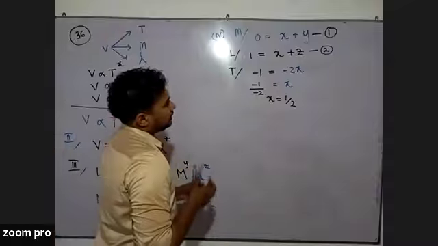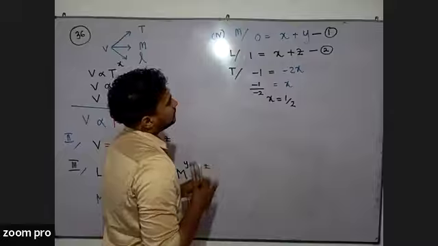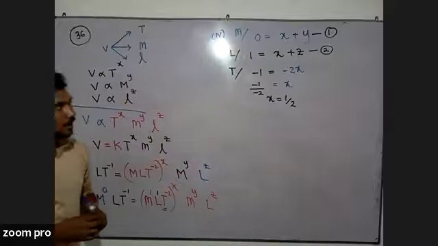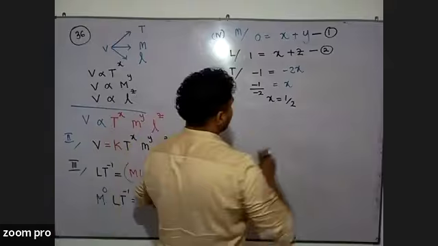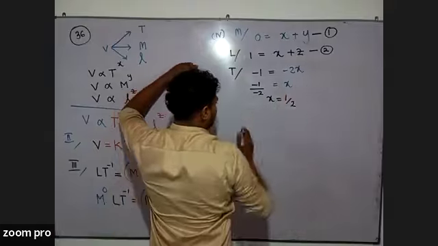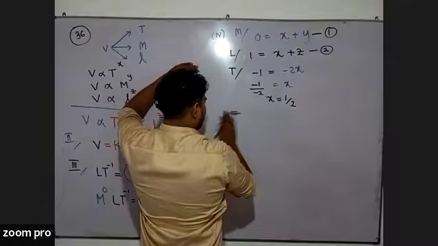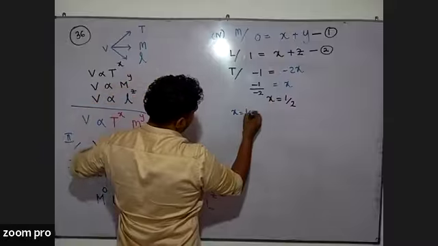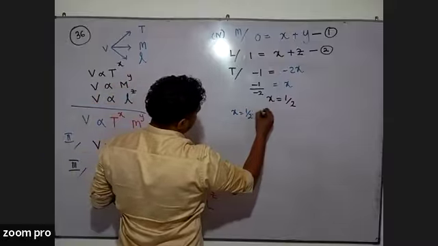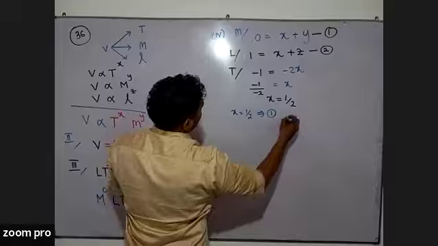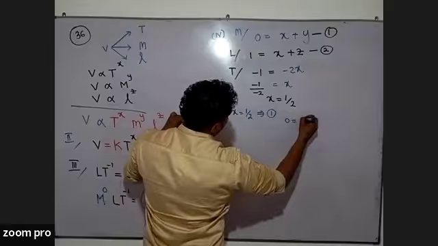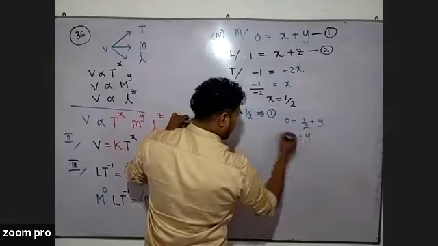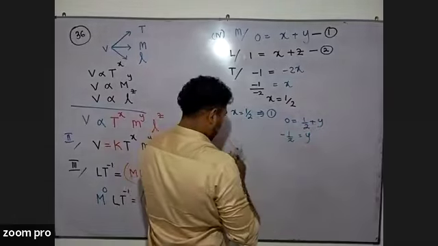Okay. In order to obtain the values of the other unknown terms, let's substitute the obtained value into the first and second equations. If I substitute x equals half into the first equation, then 0 equals half plus y, so y should be equal to minus half, right?